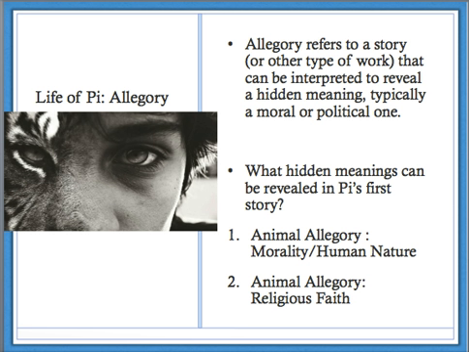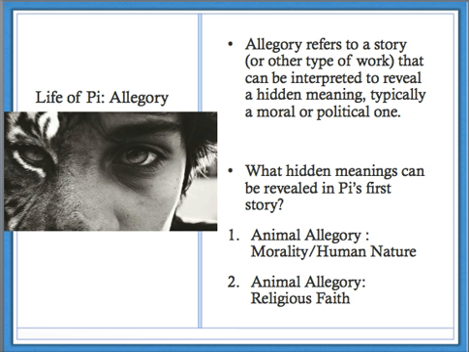So with Life of Pi, we do have allegory. There's hidden meaning or hidden stories within the story that reveal certain pieces of wisdom or ideas about the character in this case, and about his reliance on religion, his spirituality, as well as about, I think, human nature as well is also implied.